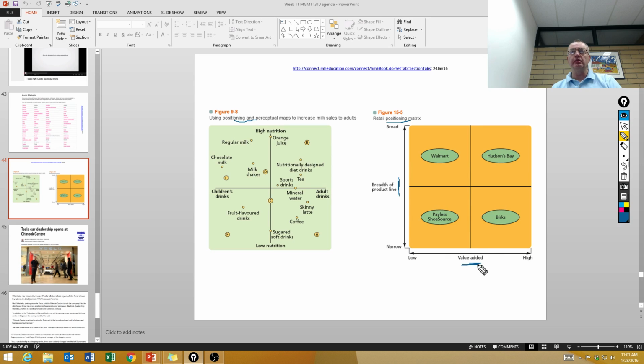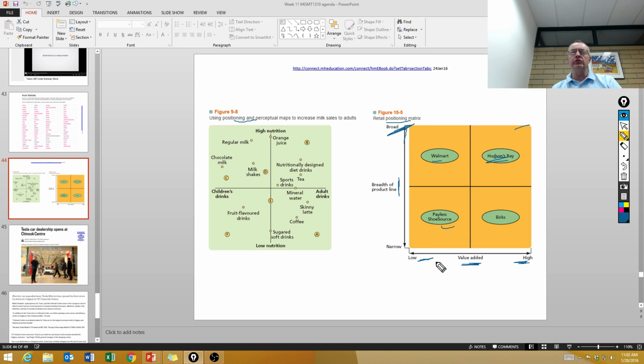When we create this little matrix, we come up with examples of stores in these four quadrants. Walmart has very low value added, but a very broad product line. Hudson's Bay, another department store, has high value added, more expensive products, but also a broad product line, kind of like Walmart.